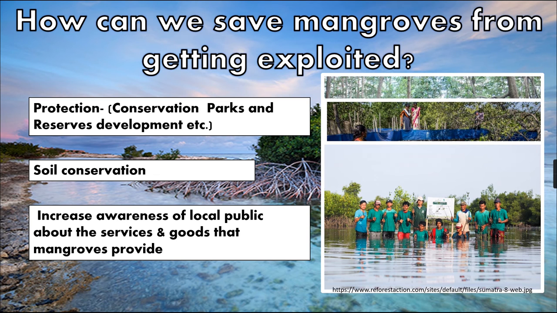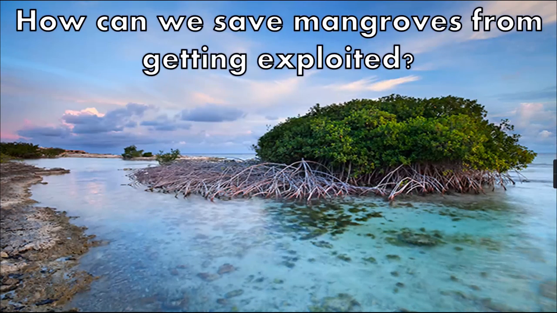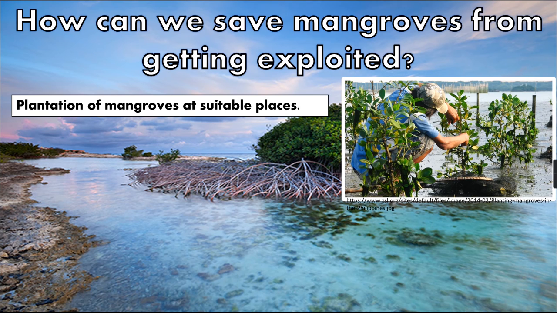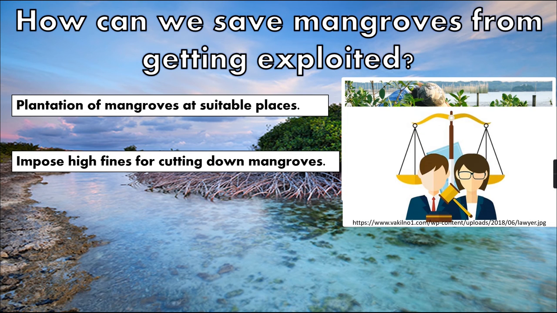So it is basically about educating the local public about mangroves and their benefits. Then you can plant mangroves at suitable places. It is again related to afforestation, wherein you plant mangroves in suitable places.